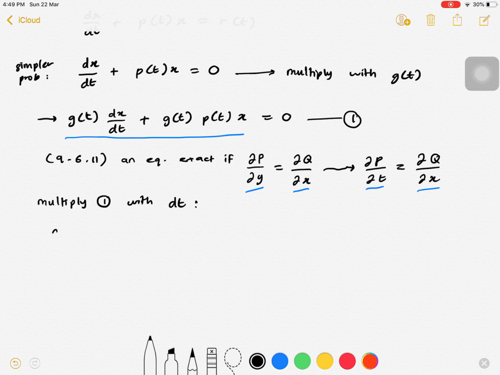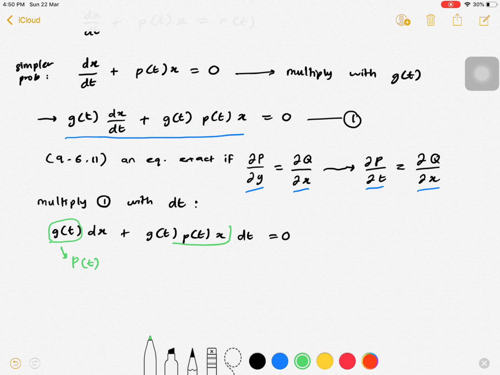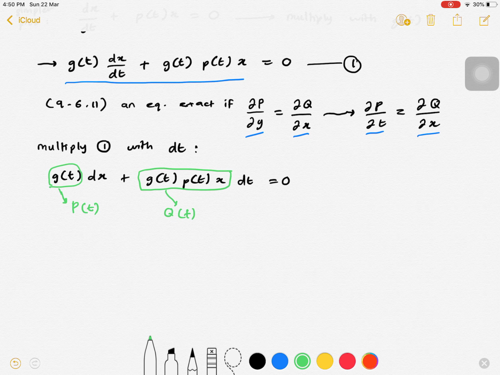What will happen is g(t) dx plus g(t)p(t)x dt equal to 0. So we will have that this is equal to P(t), and this is equal to Q(t). Let this one be equation 2.